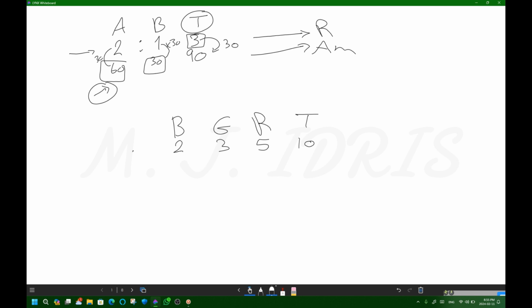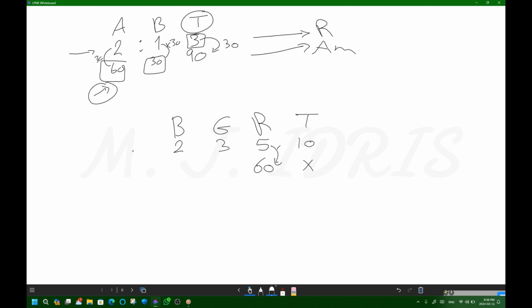The 60 here is not the total, it is red candies, so I'm going to write it here. Then think, what number was multiplied by 5 to get 60?